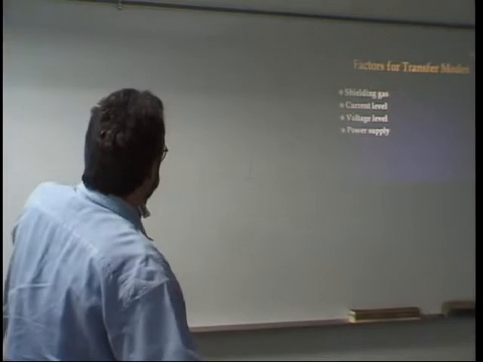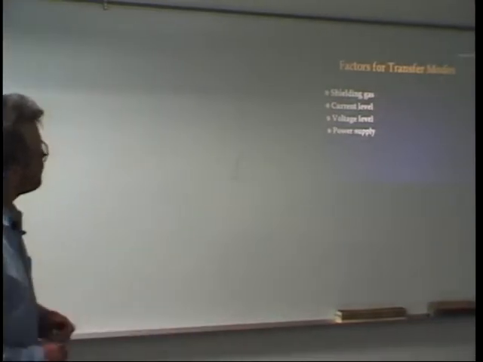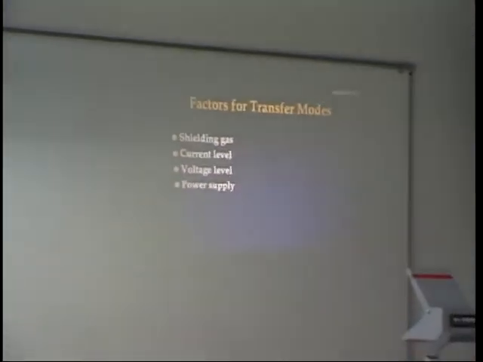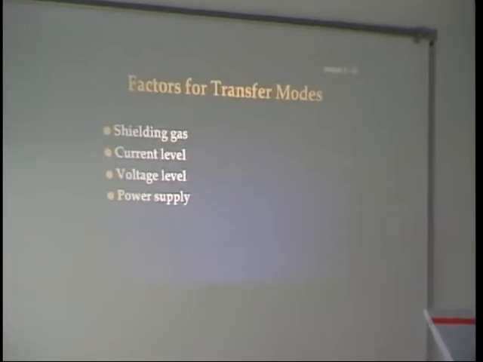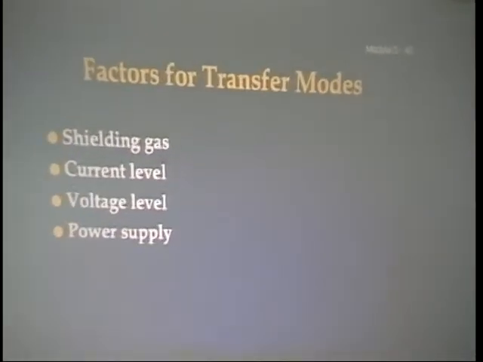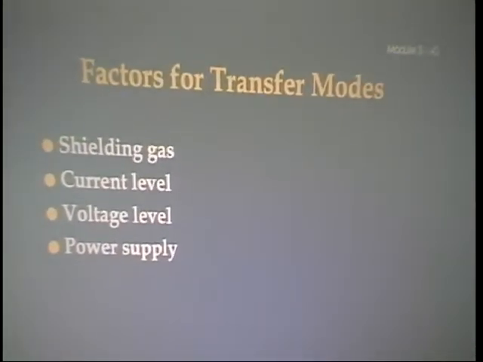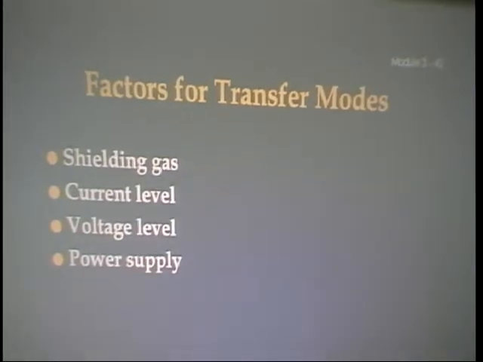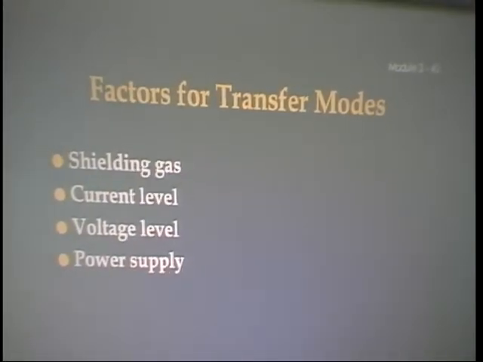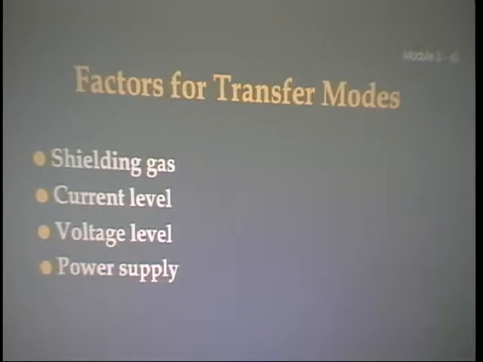And let's see what's next on our slides. Factors for transfer modes. What's involved? Well, I already mentioned that with spray, you've got to have 90% argon, 10% CO2. But for short circuit, you can use 90-10, but you get better arc characteristics if you're using 75-25, 75% argon, 25% CO2, which is what we're using in the welding lab.